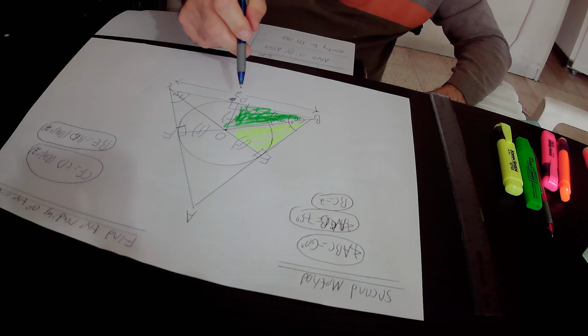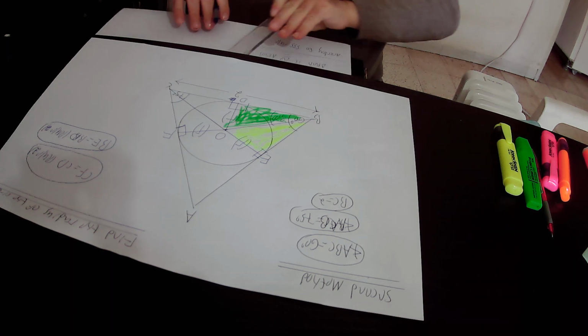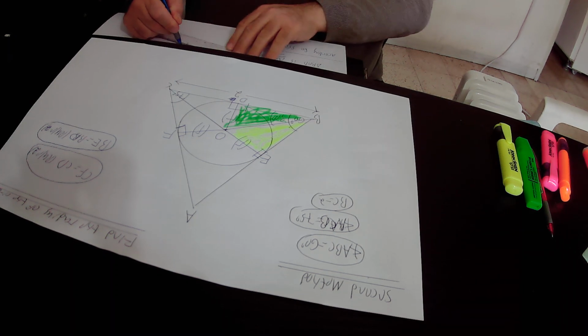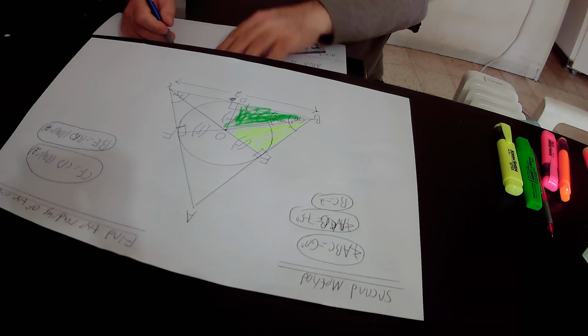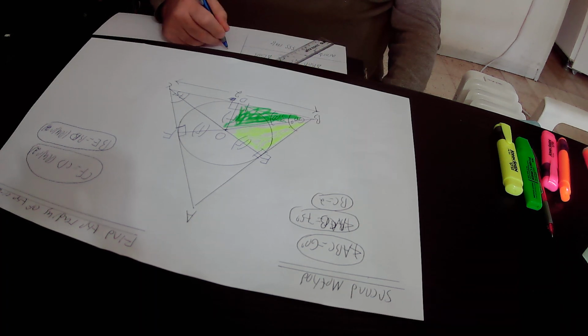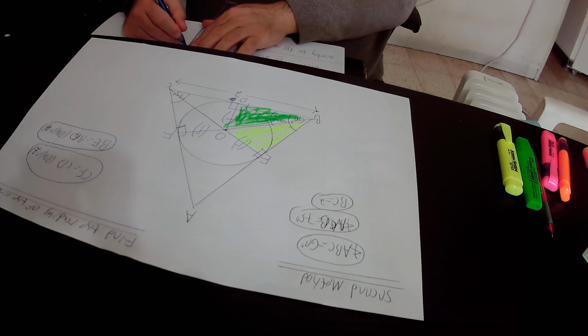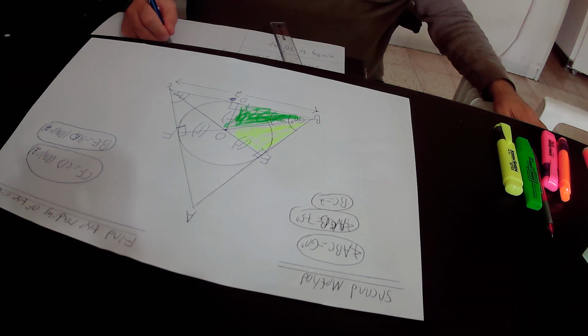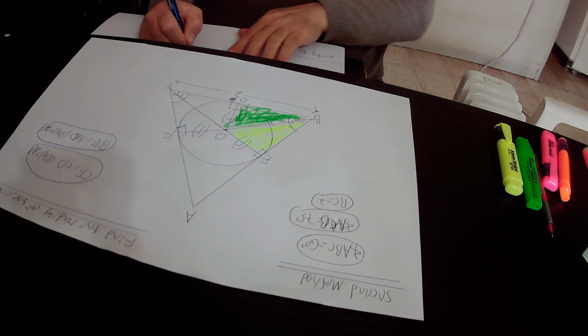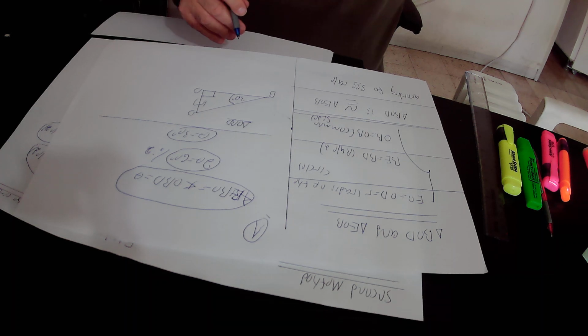In the next step I'll copy the green right triangle OBD onto a new page and we will analyze this right triangle OBD. So actually this is the green right triangle OBD that I copied from the original drawing.